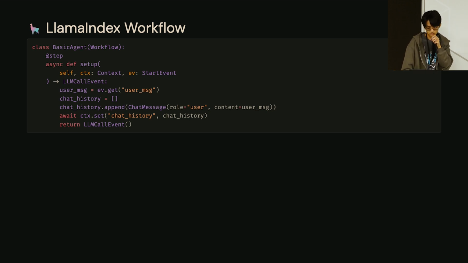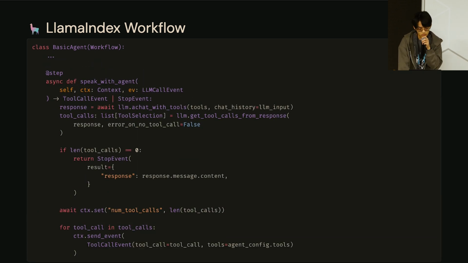For the setup step, we initialize the context and call the LLM, returning the LLM call event. Then in the agent step, we call the LLM and check if there's a tool call. We return the tool call event.